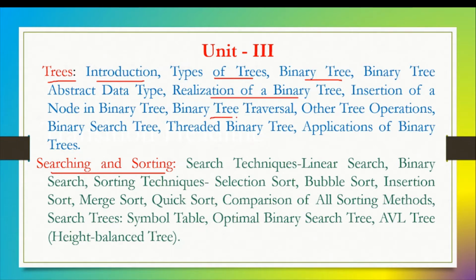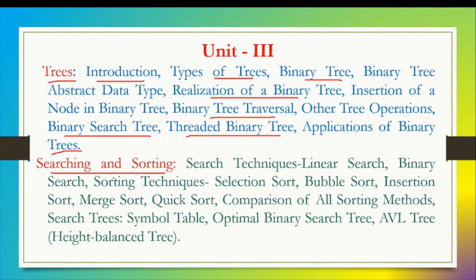What are the traversals related to the binary tree, and the different operations: displaying, modification, insertion or deletion, and how those operations can be performed. And what about the binary search tree, which is one variant of the binary tree, another being the threaded binary tree, and different applications of binary trees. These topics can be learned in this chapter.